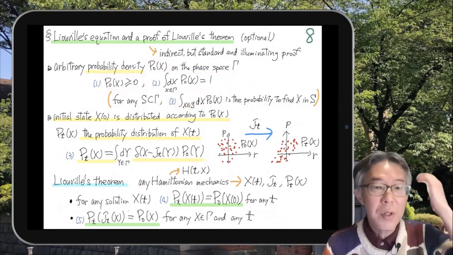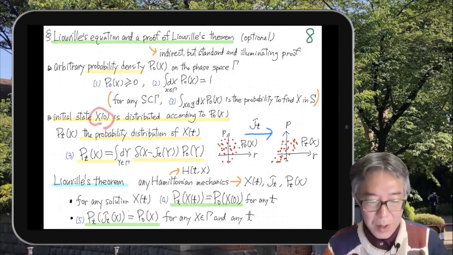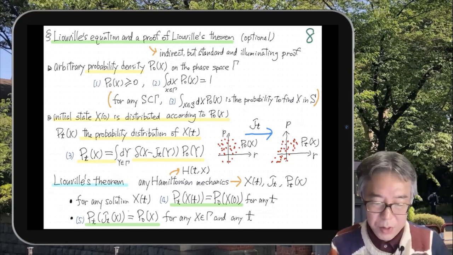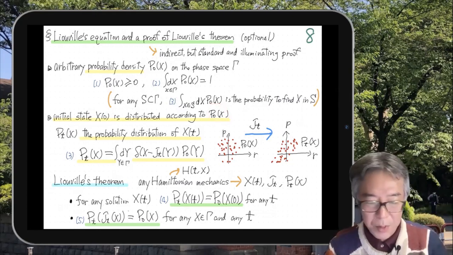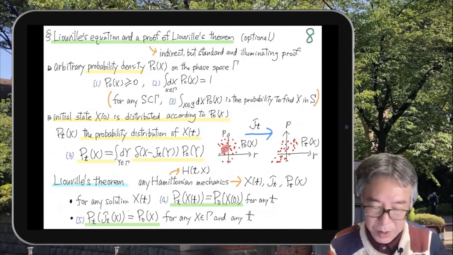Now, I assume that the initial state x0 is distributed for some reason according to this probability density P0(x). So it's something like this. x0 is distributed over phase space like this. Somewhere you have higher probability, here you have zero probability, here you have small probability, and so on. And then you let this evolve by some amount of time t.